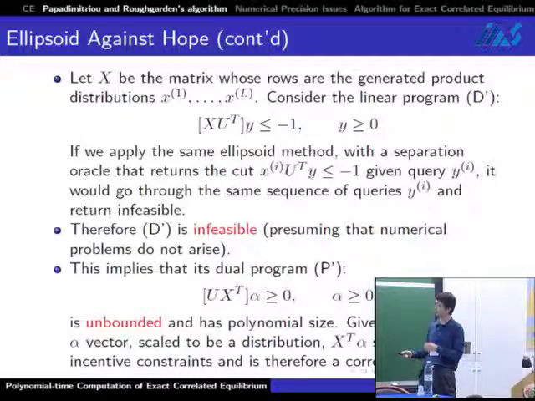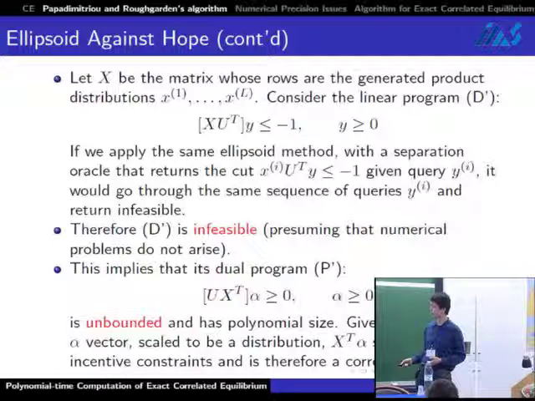So now that it's infeasible, this implies that its dual, P prime, is unbounded. And furthermore, this linear program has polynomial size, so we can solve it in polynomial time. And because it's unbounded, we can find a non-zero alpha vector, and we can then scale it to be a distribution.